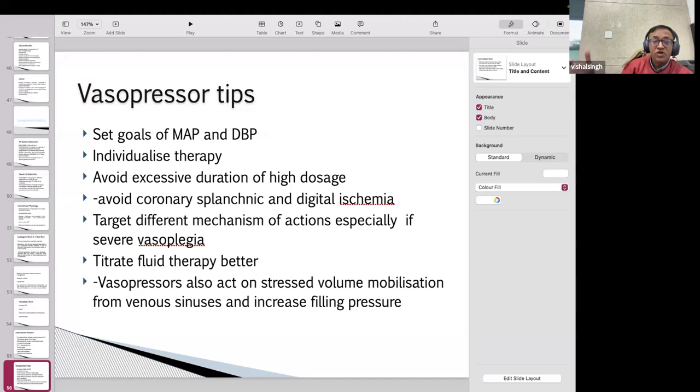Vasopressors also act on stressed volume in your venous sinuses, so use that stressed volume and improve your filling pressures rather than giving fluid externally. So that's the whole idea of starting vasopressor early while you are still giving a little bit of fluid. Okay, not as a bolus, but as a continuous infusion.